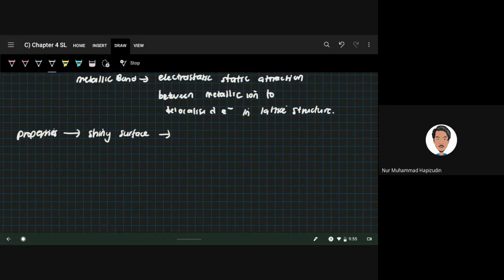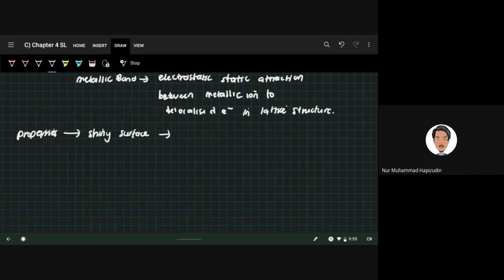Okay, shiny surface. Macam mana saya cakap, alamak, lupa ayat dia. Shiny surface. Apa dah kamu punya handbook? Okay, actually shiny surface come from the free moving of the delocalized electron.